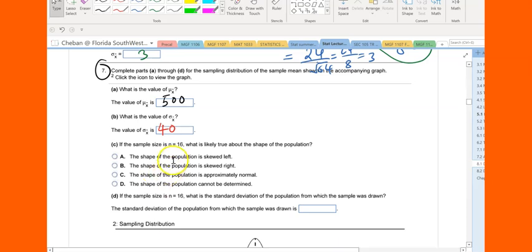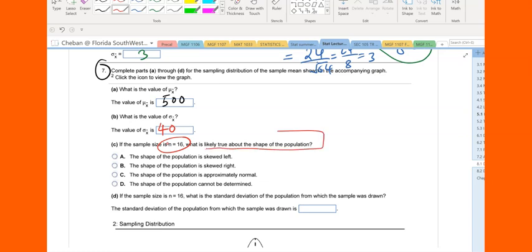Okay, if the sample size is 16, what is likely true about the shape of the population? Notice that sample size 16 is less than 30.